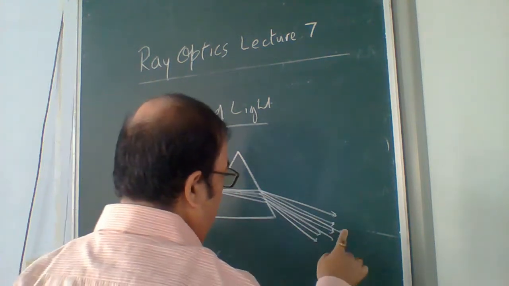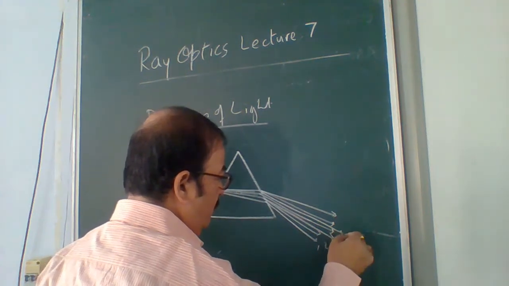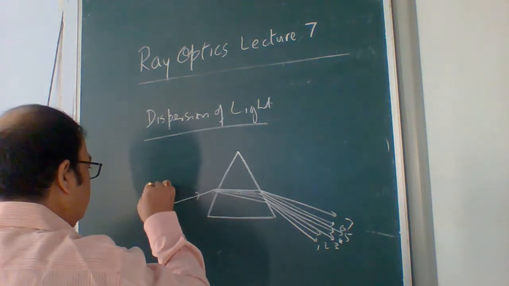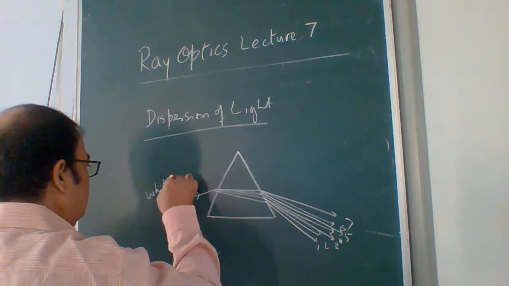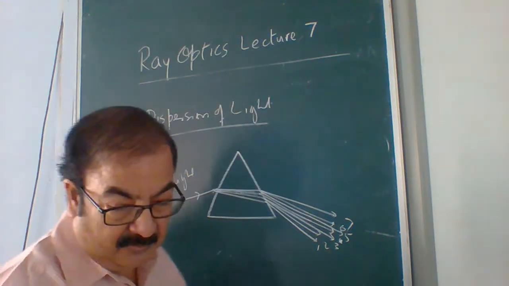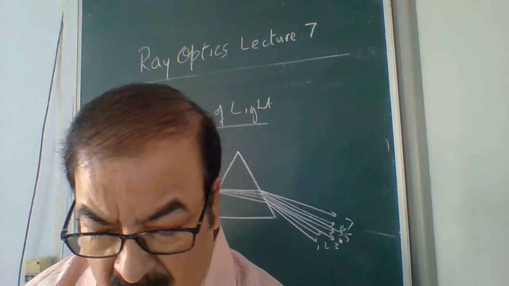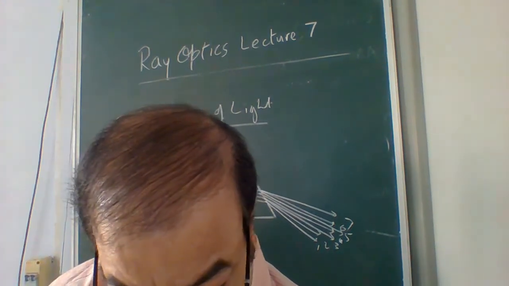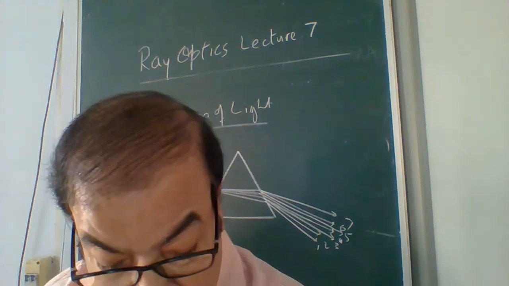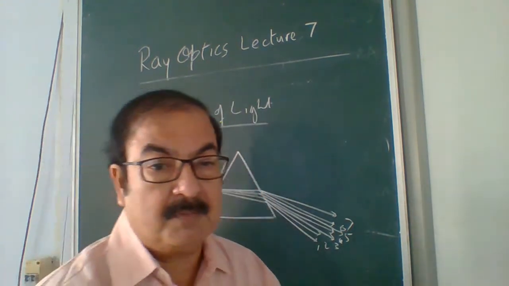You can see that we are having 1, 2, 3, 4, 5, 6, 7. This is white light, and this is what we have, the VIBGYOR. That means some may have the maximum displacement, some may have minimum displacement, and the violet color may have maximum deviation, not displacement rather.